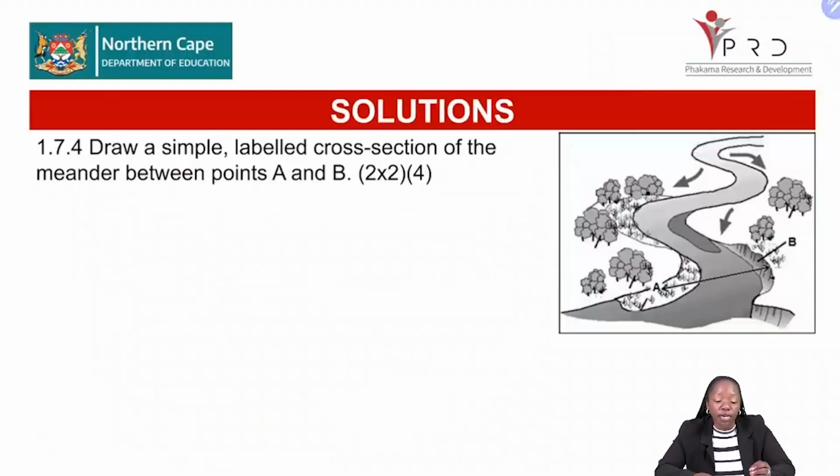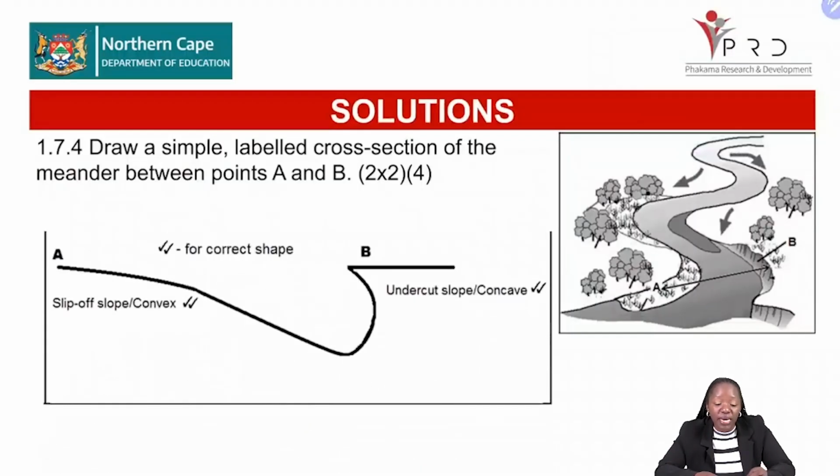Then, in drawing a simple labelled cross-section of the meander between point A and point B. So your point A, remember we are saying it's a slip off. Slip off because there is a slow flow and there is a deposition on the side. Then the B is the undercut slope, which is the fast flow.